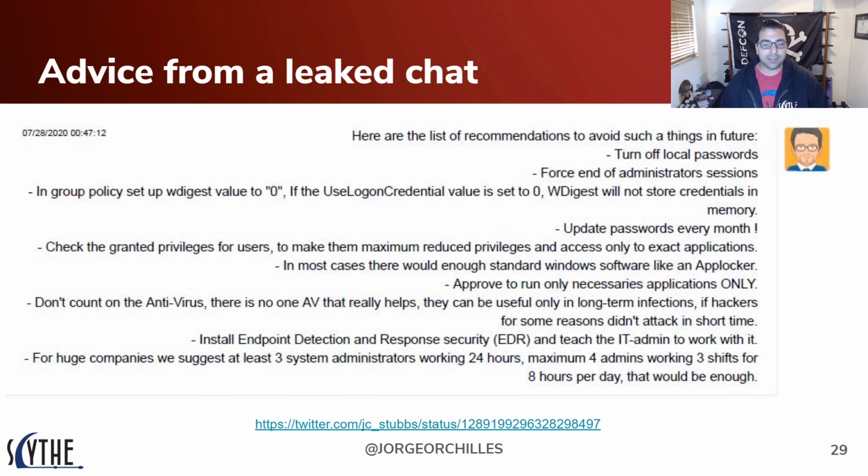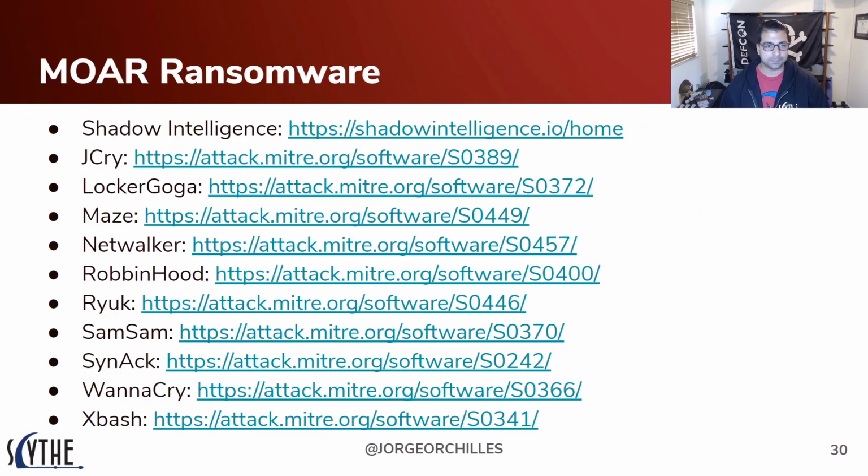The link is there for the entire thread if you want to read it. But here you can see quite a bit of advice that was given to the target organization after the malicious work was done and they got paid. They gave them some advice as to what to do, which is very similar advice to a lot of the things that we find in our adversary emulations.